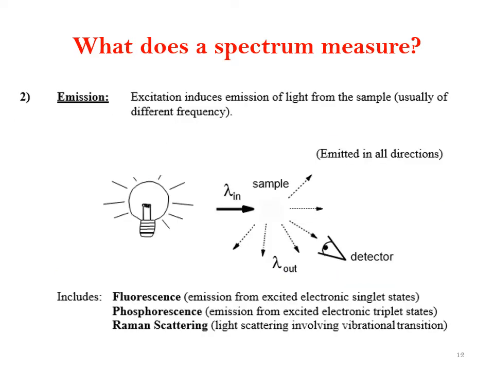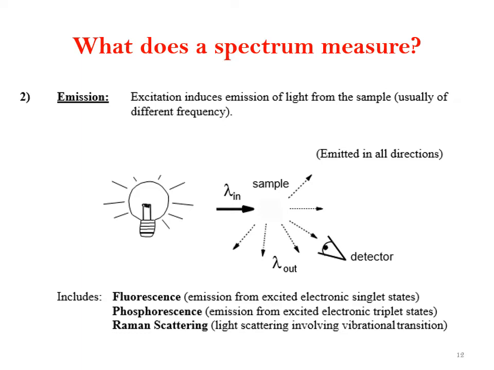The other method is the emission, which is called emission spectrum. In the emission spectrum, the excitation monochromator is set to some wavelengths known to excite the sample, and the emission monochromator is scanned through different wavelengths.